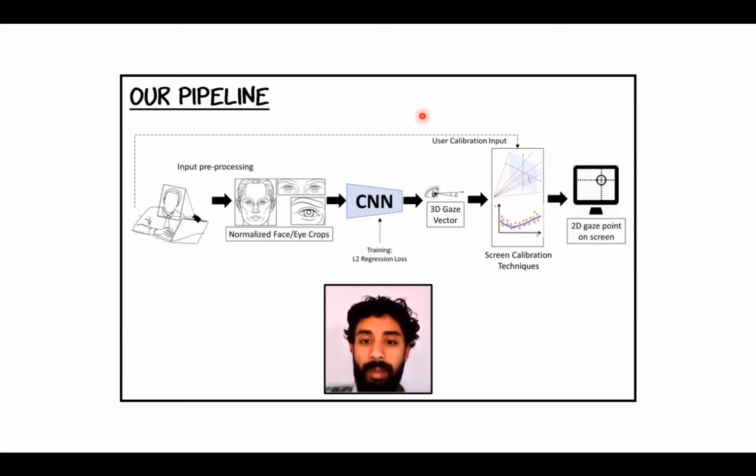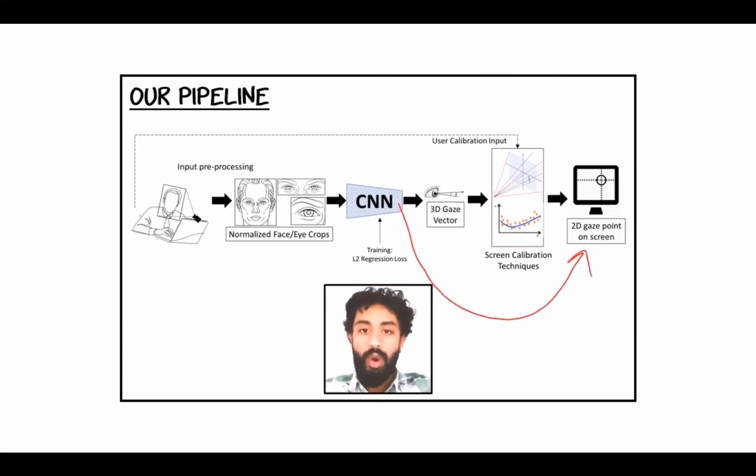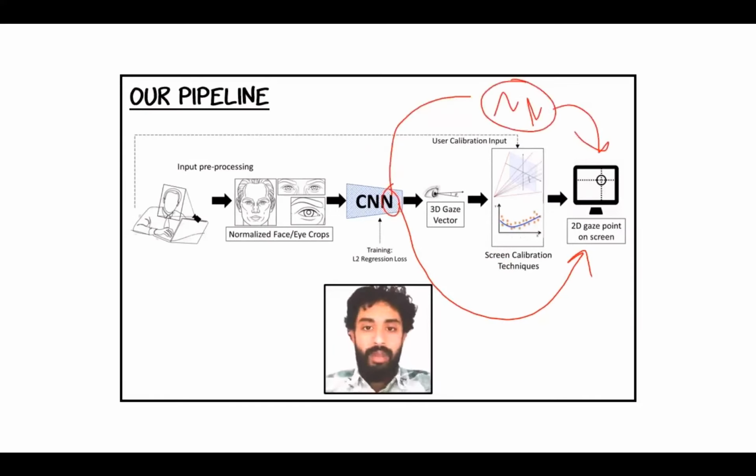These techniques essentially estimate the transformation parameters between the camera coordinate system and the screen coordinate system. Alternate ways of obtaining gaze points on screen could involve training or fine-tuning the CNN to directly predict the gaze points, or extracting embeddings from the CNN and training a separate neural network to estimate the gaze points. However, in comparison, our screen calibration pipeline is more modular because it only depends on the output of the first part.